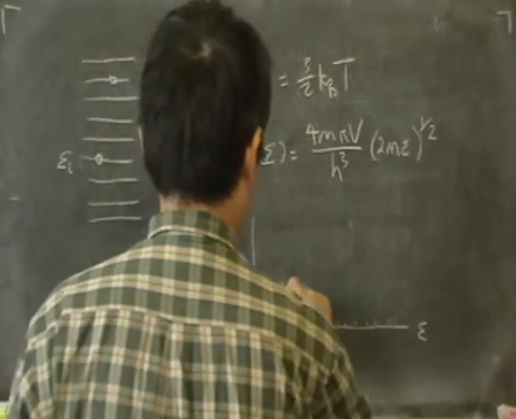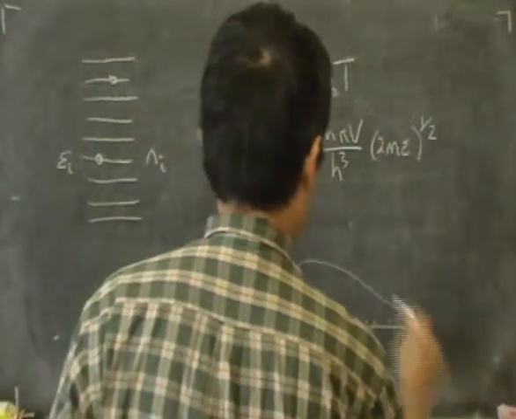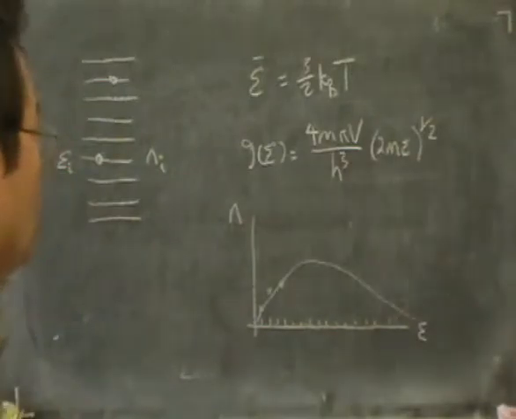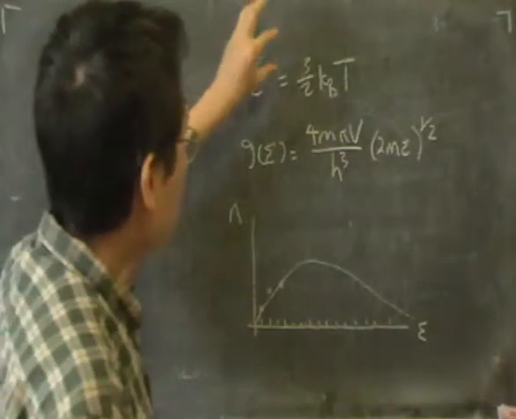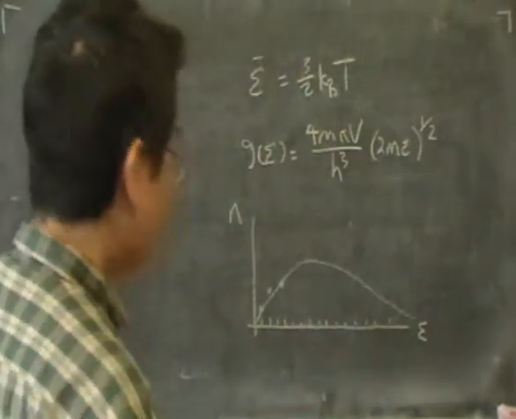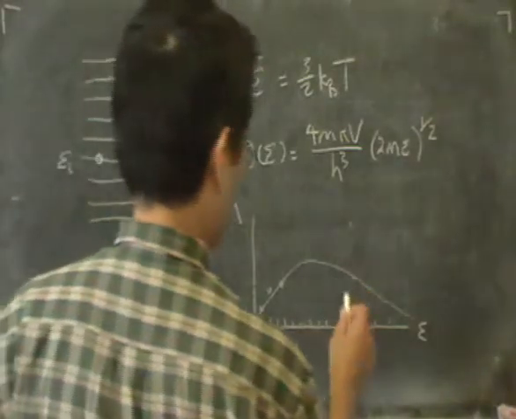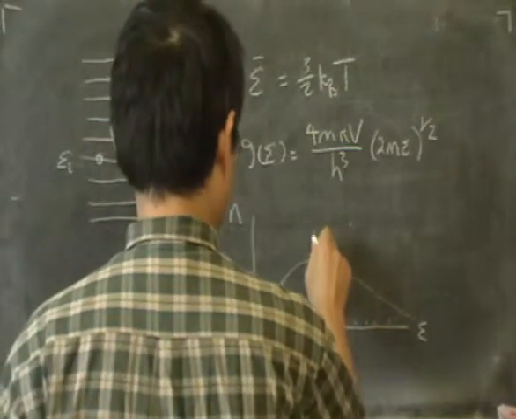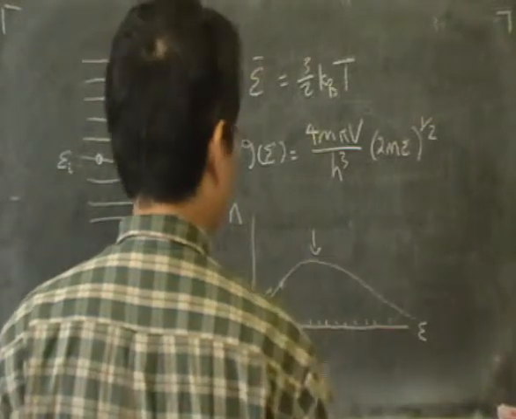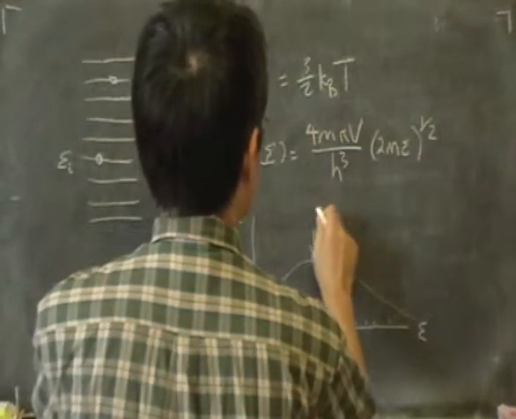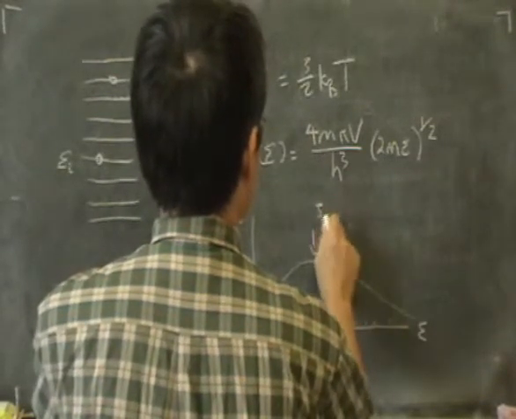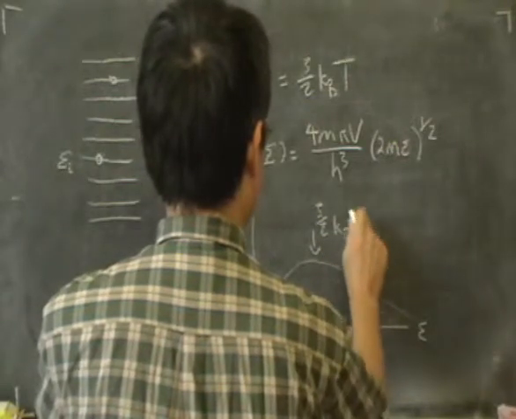If I sketch a graph, it might look something like this. Right. Now, the average energy of each particle, let's say it's somewhere around there. That's my 3/2 kBT.